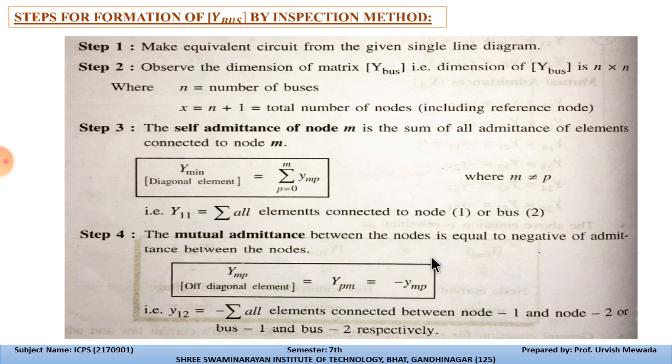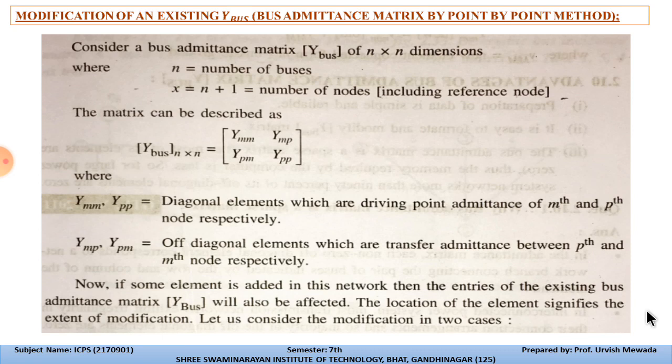Suppose we write y12, then it is minus the summation of all the elements connected between node number 1 and node number 2, or bus number 1 and bus number 2 respectively. And consider the bus admittance matrix Y bus as n cross n, because we have, suppose, 4 nodes, then a 4 by 4 matrix. The matrix can be described as Y bus n cross n, from Ymm to Ypp, where this is the diagonal and this is the off diagonal.